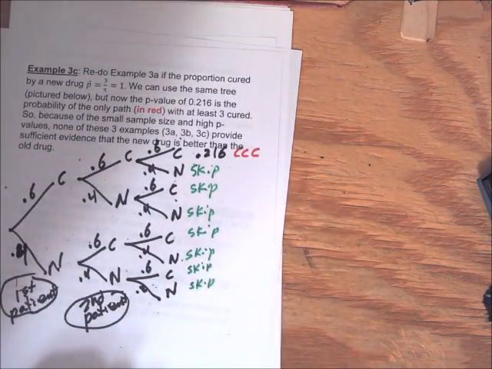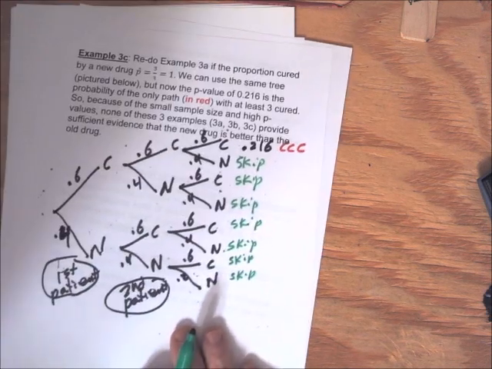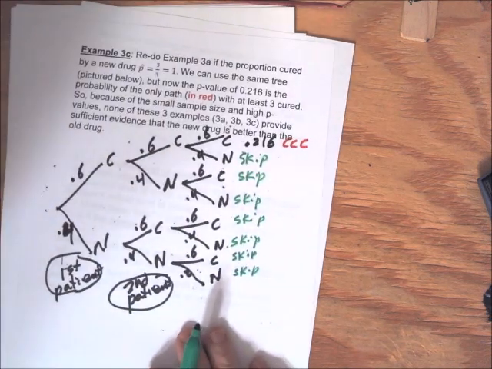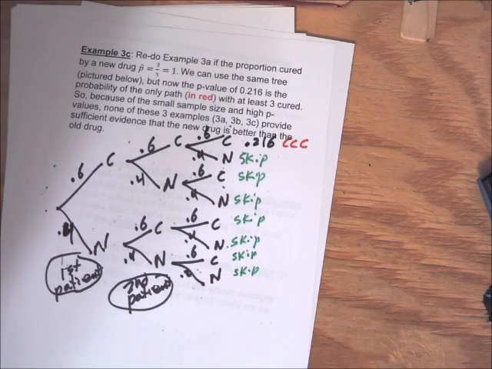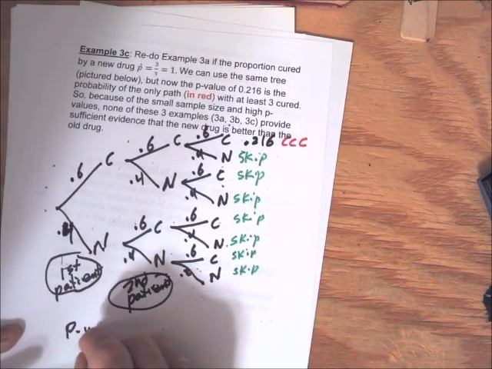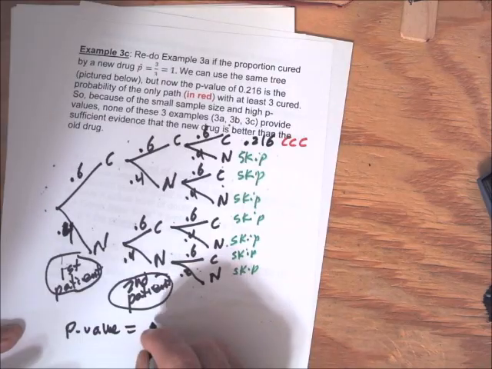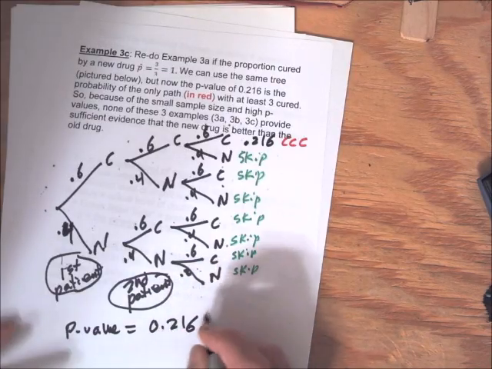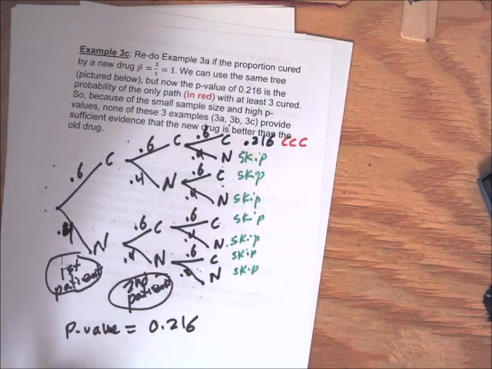Okay, so our p-value is 0.216. So there's only the one path where all 3 were cured.